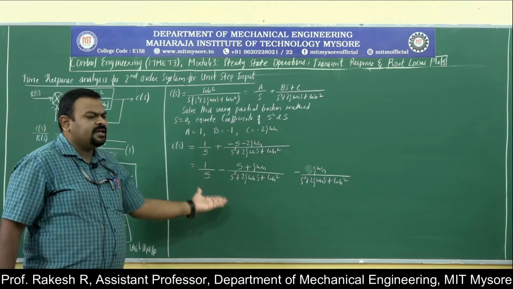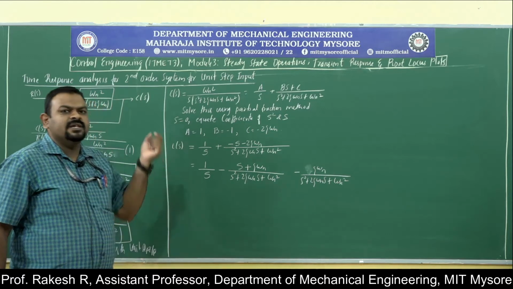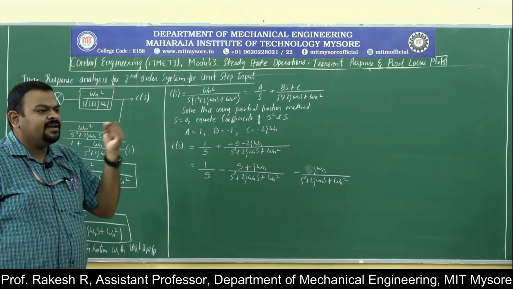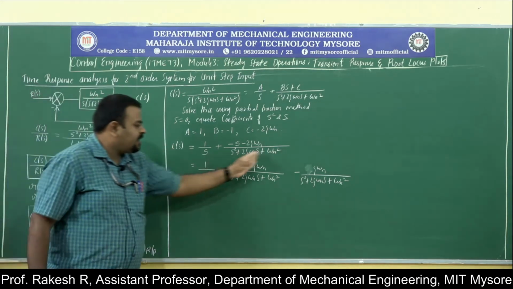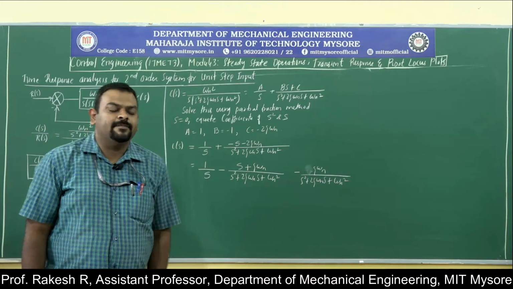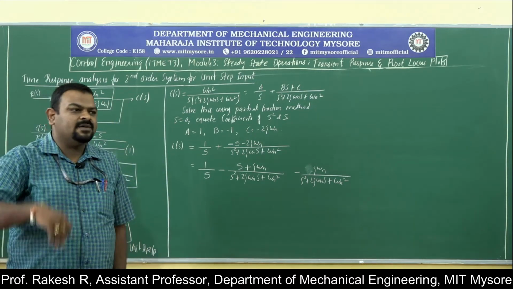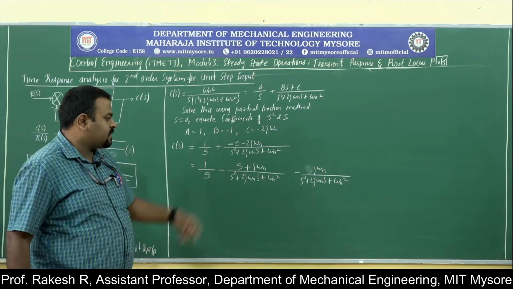So what I will basically be doing is trying to express the terms in terms of simplified Laplace transform functions. Basically I will try to express the whole equation in terms of Laplace of e to the power of at, or Laplace of cos at, or Laplace of sin at. Like that I will be expressing.